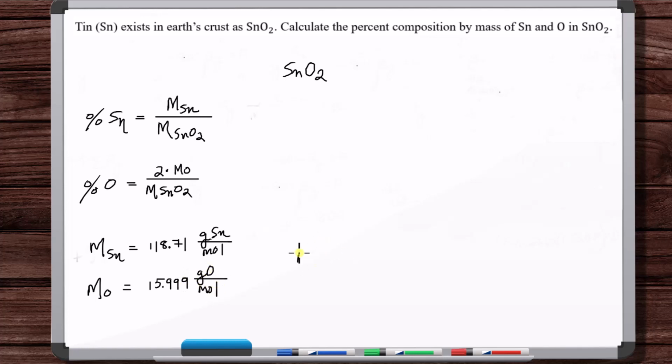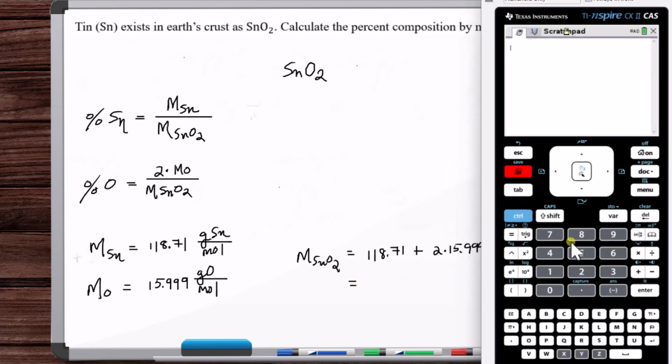And now the molar mass of SnO2 is 150.708, 150.71.